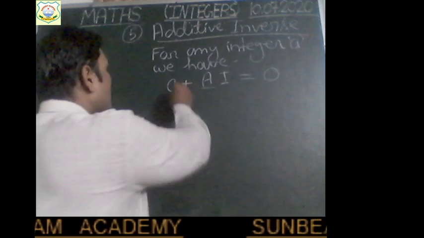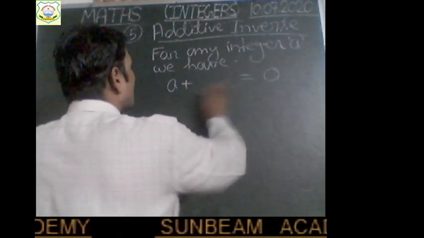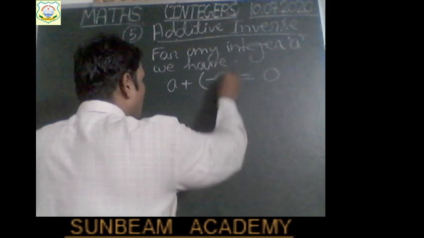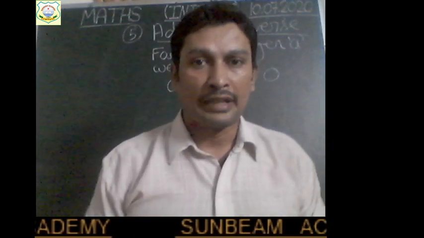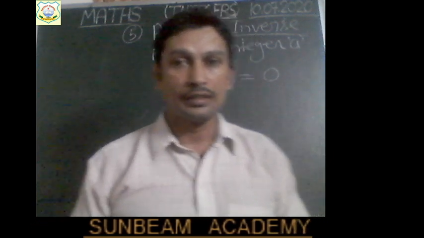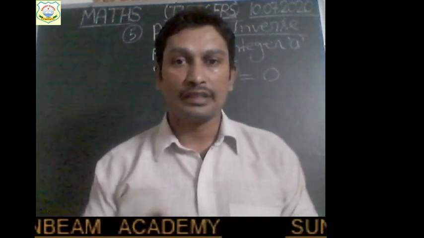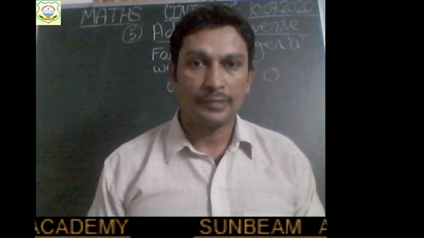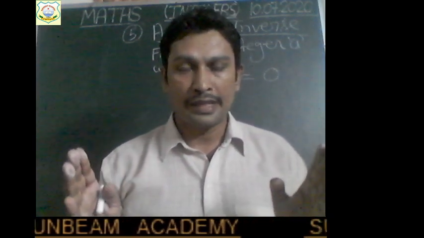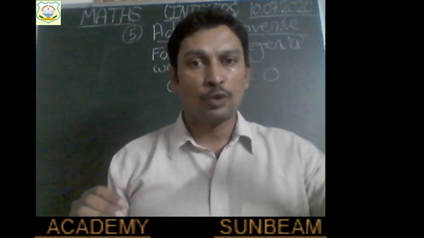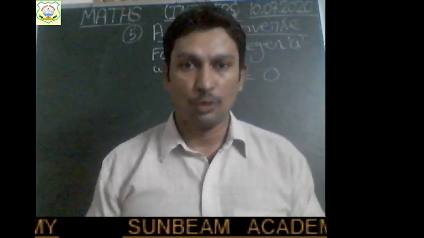For example, to find the additive inverse, we will have to write the opposite of an integer. The opposite of an integer is called its additive inverse, right? So the opposite of plus 2 is minus 2. Am I right? The opposite of a profit of 2 rupees will be a loss of 2 rupees.